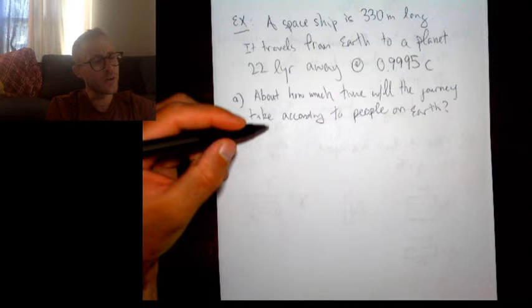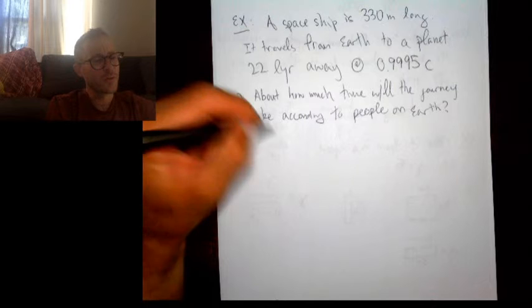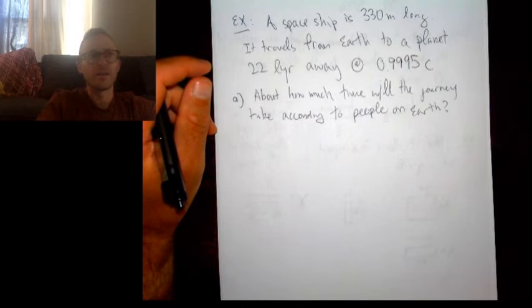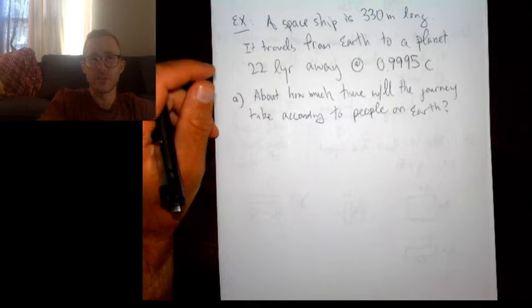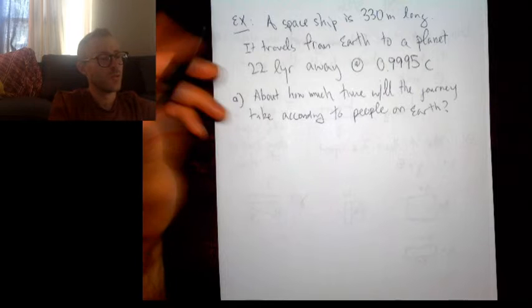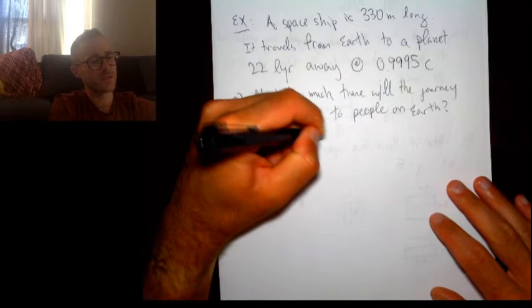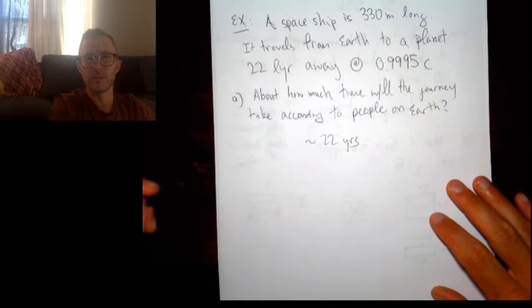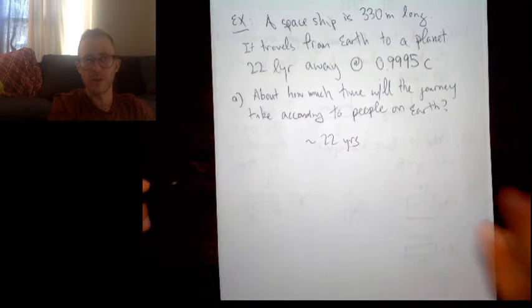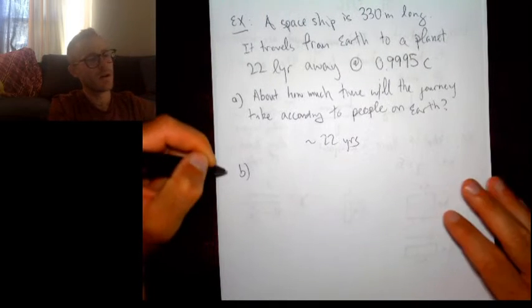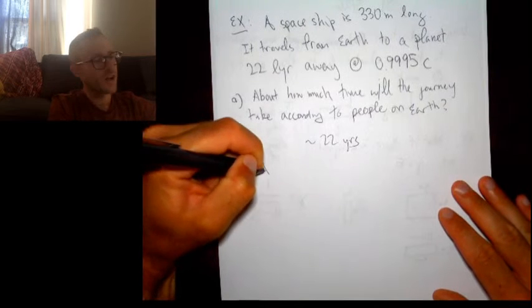So what that means, since the spaceship is going basically at the speed of light, we can say that it's going to take approximately 22 years, according to the people on Earth.